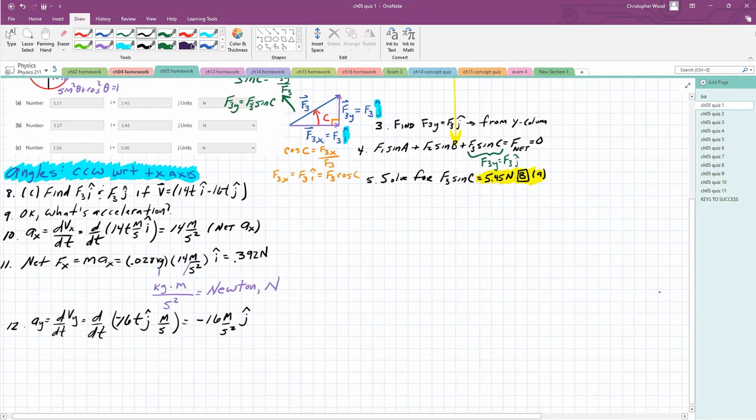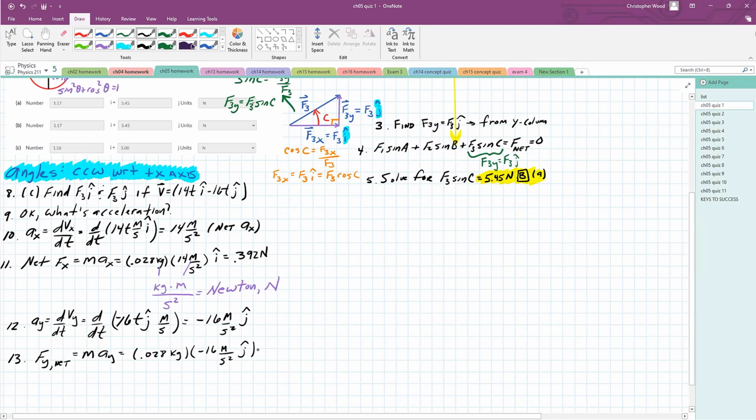Okay. That's looking good. And similarly, what is the net Y component? I'll write it as Fy net. It's mass times A sub Y because F equals MA, and I'm just separating it based on X or Y. So I need to take the mass, which is 0.028 kilograms, times negative 16 meters per second squared J hat.